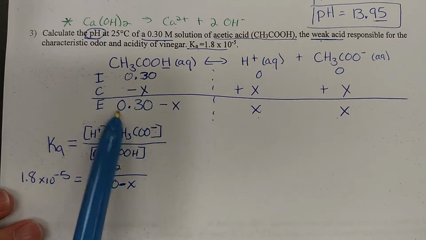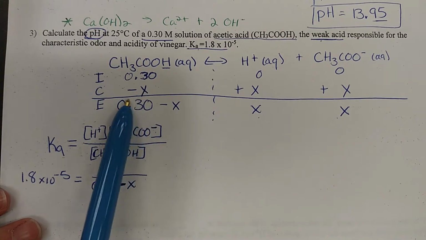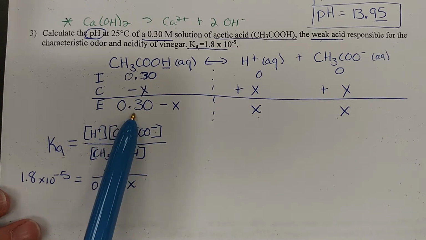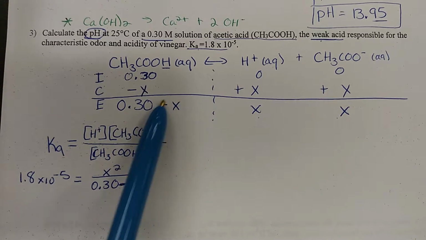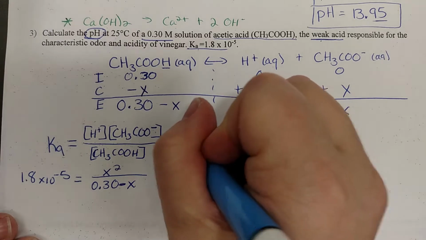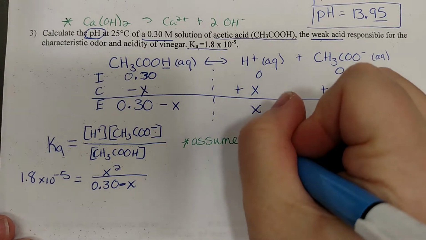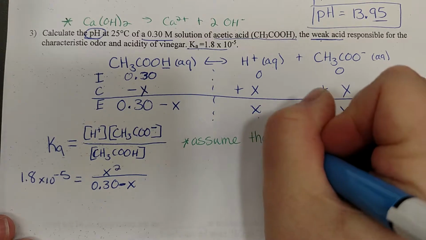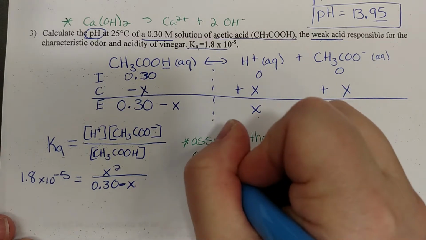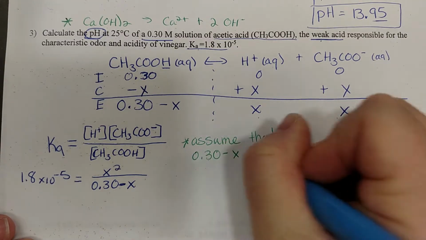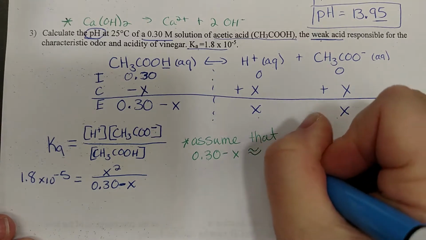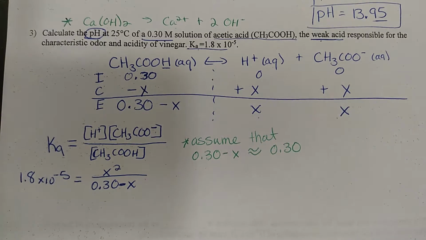So once we were to round this number to significant figures, it actually wouldn't change the 0.30 at all. So we assume X is so small that our value, 0.30 minus X, is pretty much equal to just 0.30. We drop the X because the X is so small that it's not going to affect our number.